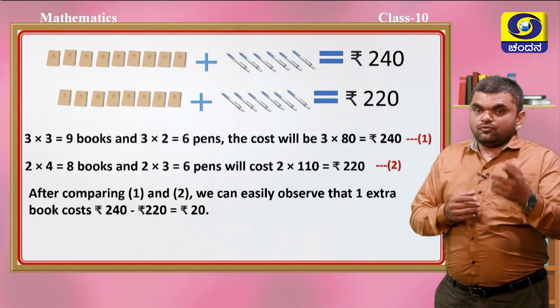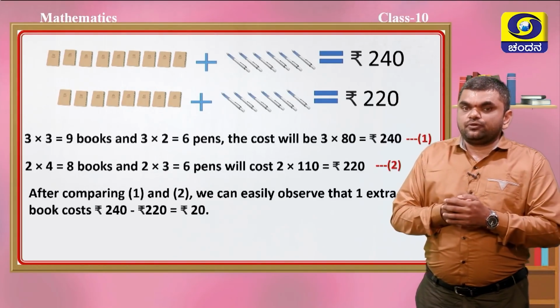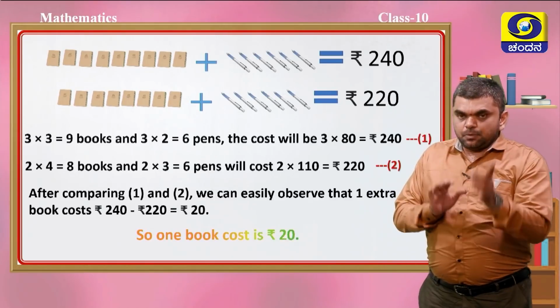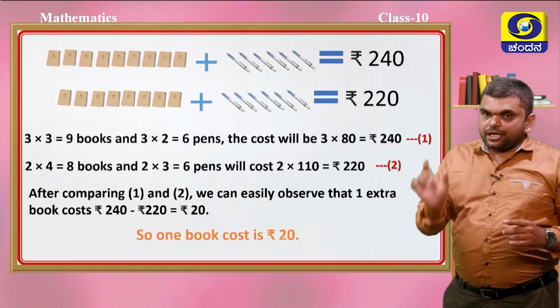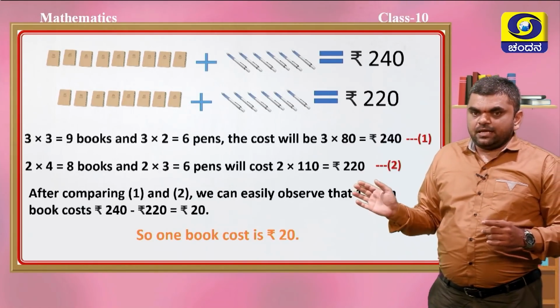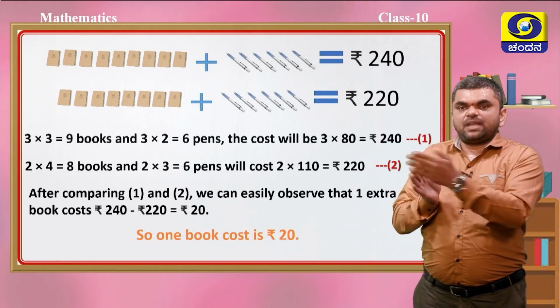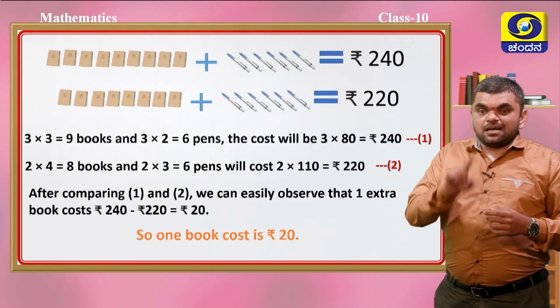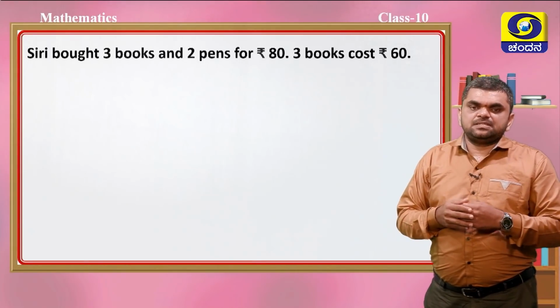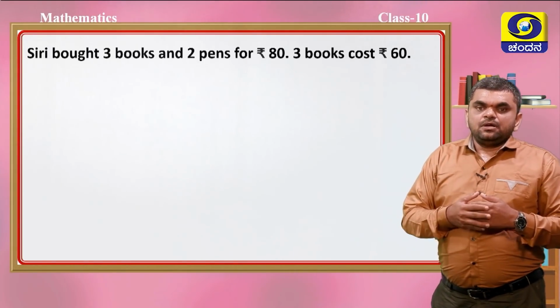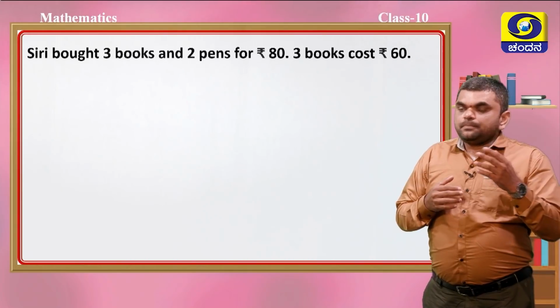That is, 240 minus 220 is equal to 20, which means 9 books and 6 pens cost 240, whereas 8 books and 6 pens cost 220. We are subtracting 8 books from 9 books so that we get the cost of a book as 20 rupees. The cost of a book is 20 rupees, so that we can easily find the cost of a pen also.